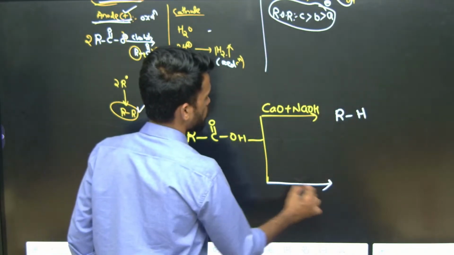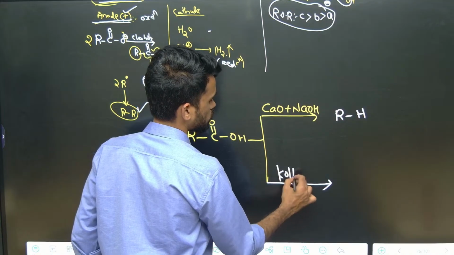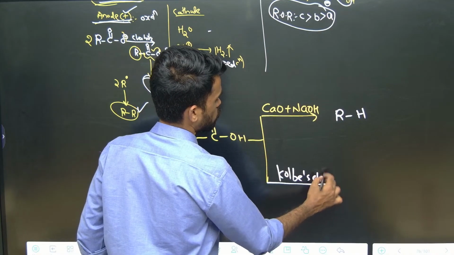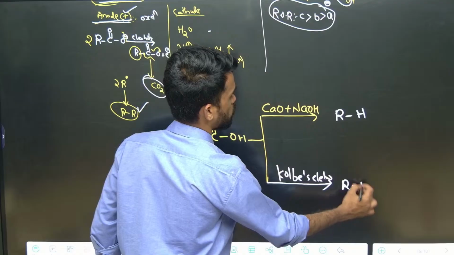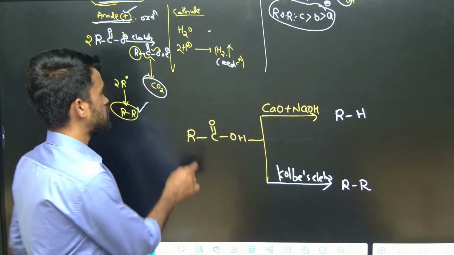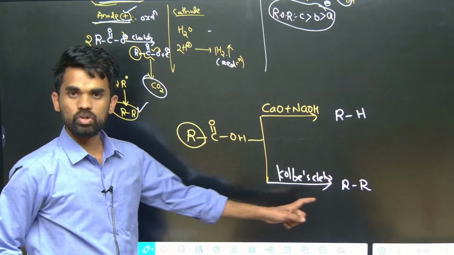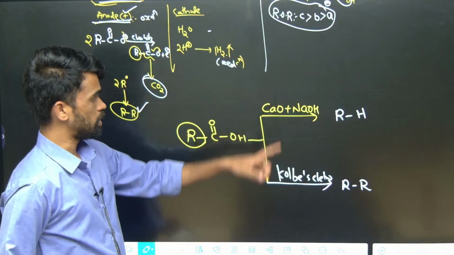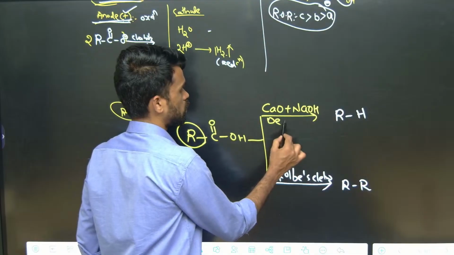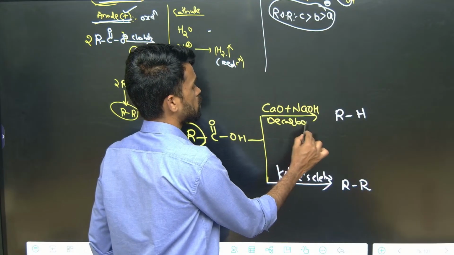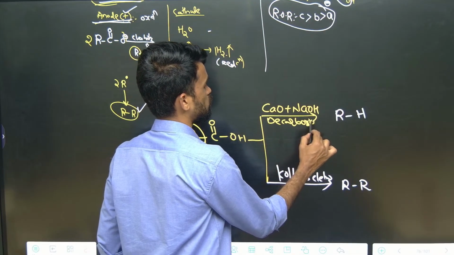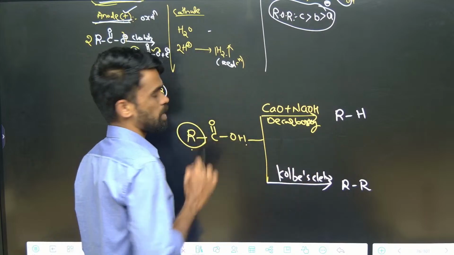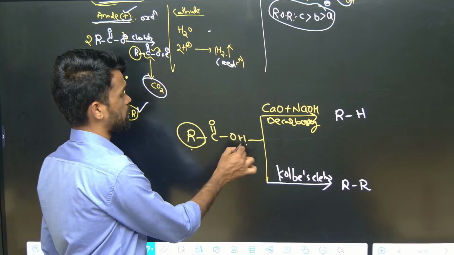But if you do Kolbe's electrolysis, it gives you an RR type of product. So it means this alkyl group is doubled during Kolbe's electrolysis, but in the decarboxylation reaction it is just forming an RH type of product, R and H, alkane.